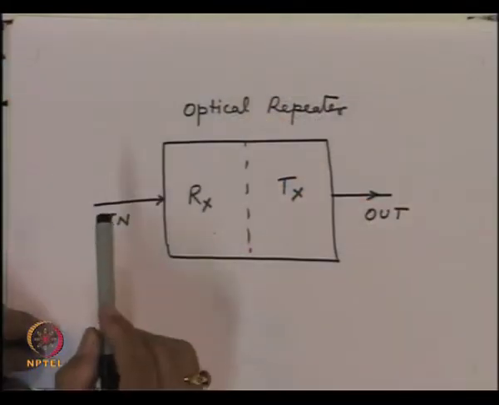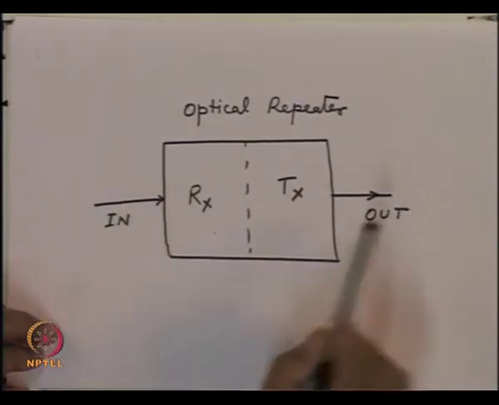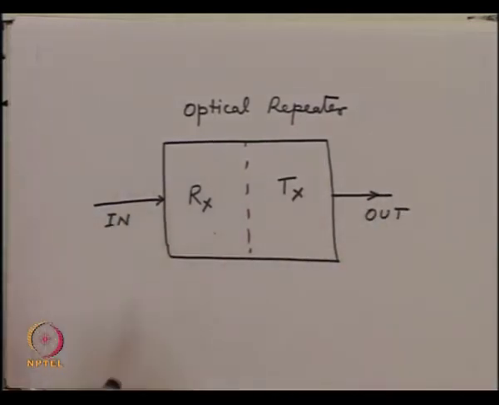But if you have a situation where signal to noise ratio becomes a problem, we can use an optical amplifier, and the entire process of conversion of the signal from optical to electrical and back to optical can be avoided.